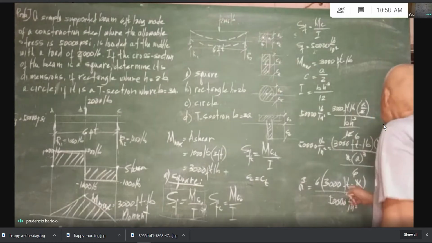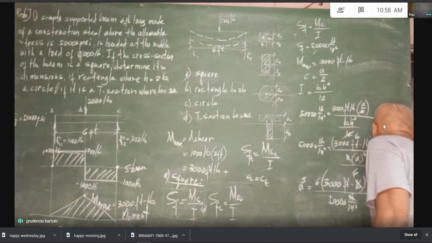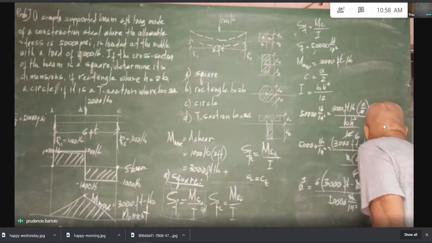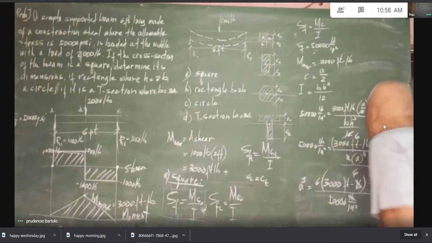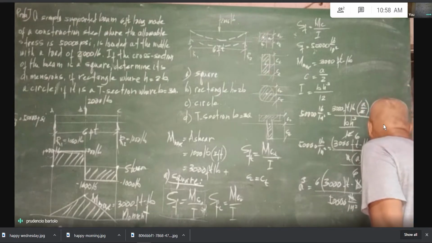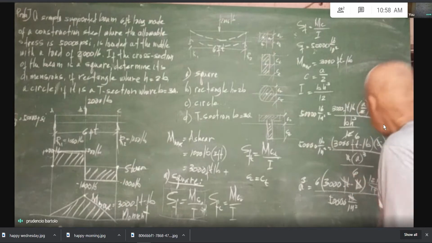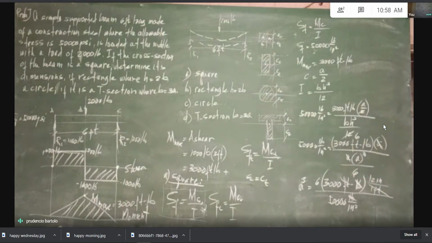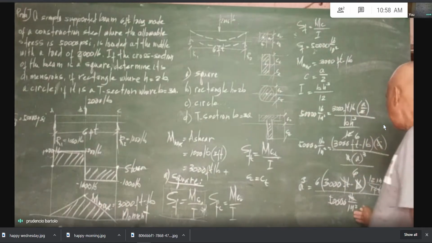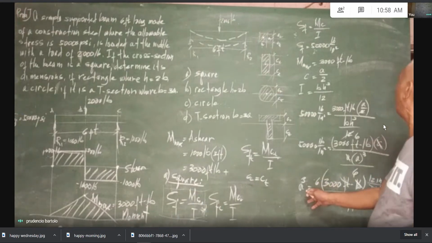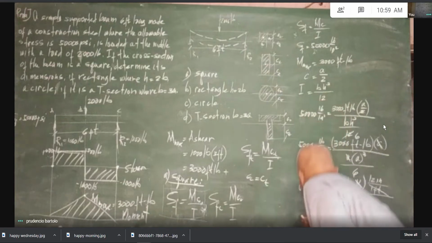What remains is a foot in here, so we convert 1 foot to 12 inches, so the foot unit and the foot unit cancel out. What remains is inch cubed, the unit for a in here.